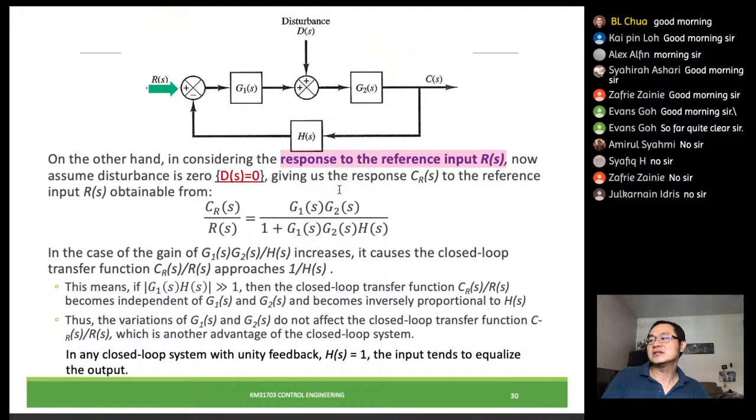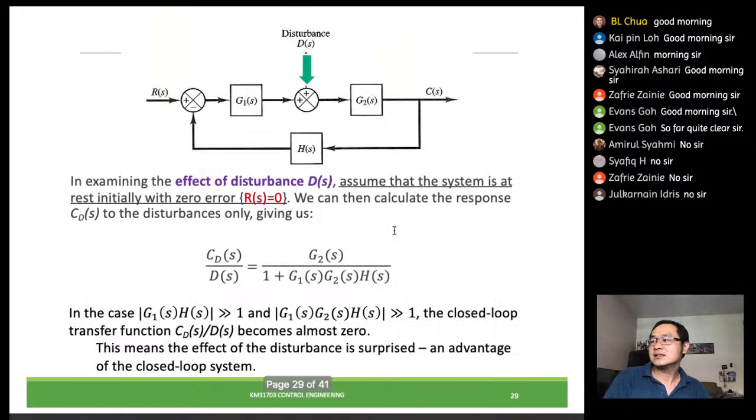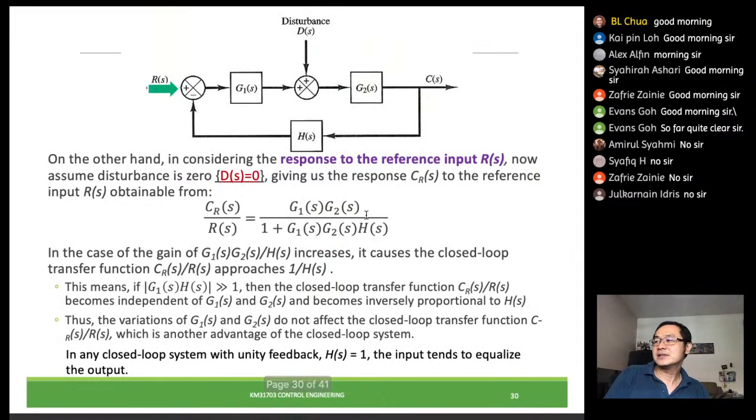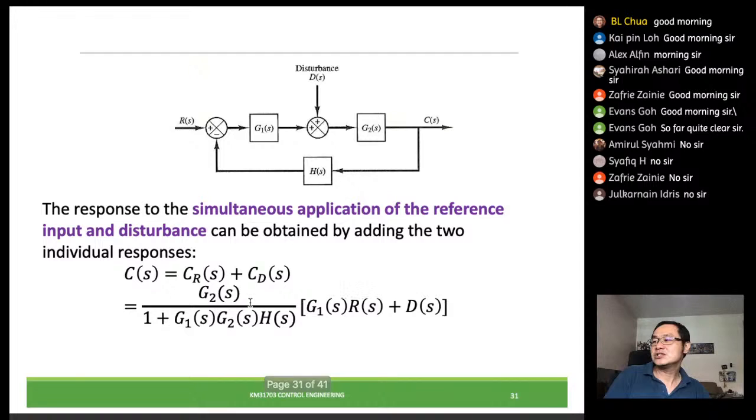In this form, this bottom denominator is exactly the same as the previous one. The only difference is the upper part is different. So eventually this output is basically the summation of these two.